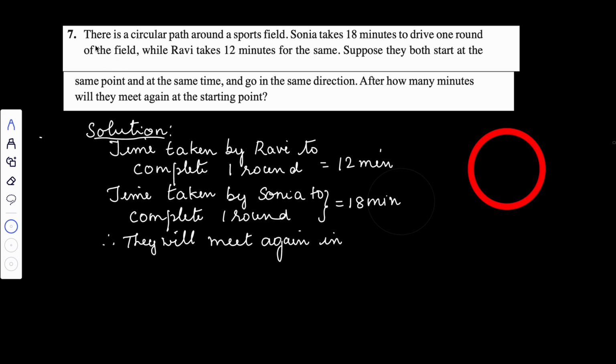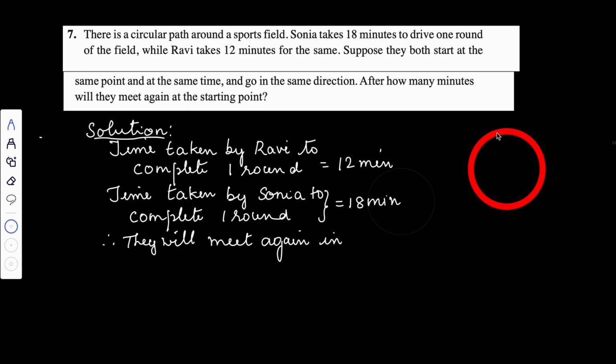Now we are going to the last sum of this exercise. There is a circular path around a sports field. Sonia takes 18 minutes to drive one round of the field, while Ravi takes 12 minutes for the same. Suppose both start at the same point, at the same time, and go in the same direction. After how many minutes will they meet again at the starting point?